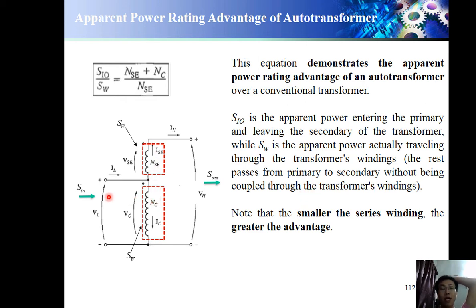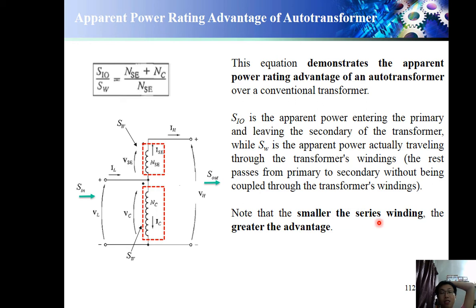For example, let's say S in and S out are 100 VA, but SW is maybe 80 VA. That means when 100 VA goes into this auto transformer, only 80 VA will be used here, and 20 VA goes directly to the output.